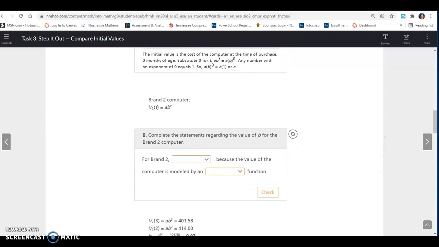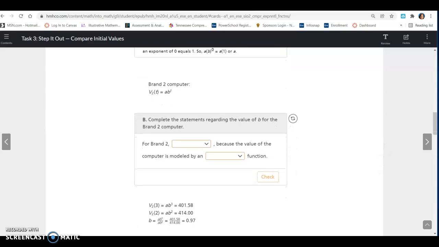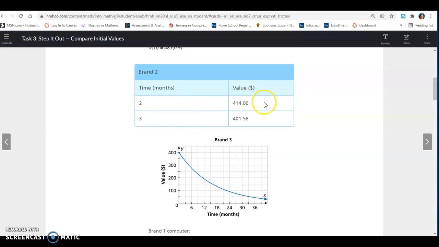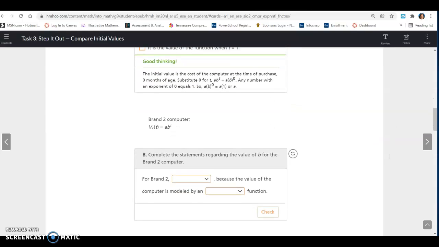Brand 2. v of t equals a times b to the t power. We're going to have to do a little bit of work on this one. It says complete the statements regarding the value of b for brand 2. Brand 2 is the table, and they're giving us (2, 414) and (3, 401).